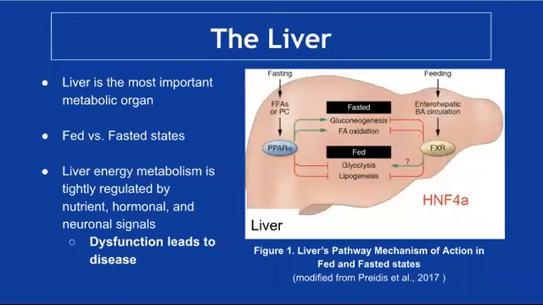Whenever we think of metabolism, the liver comes to mind. So we have to understand how the most important metabolic organ works to understand these diseases. The liver is very crucial to maintaining metabolic homeostasis in our bodies. It has tightly controlled signaling pathways. For example, I'm going to refer to this diagram.